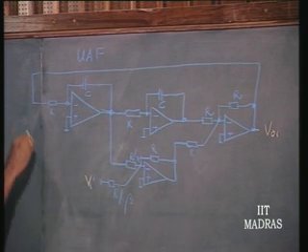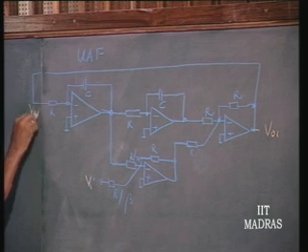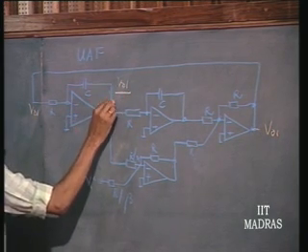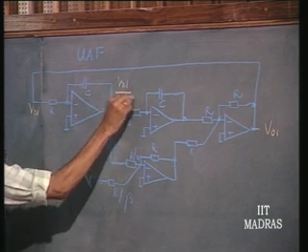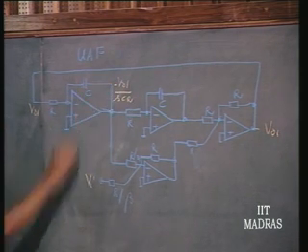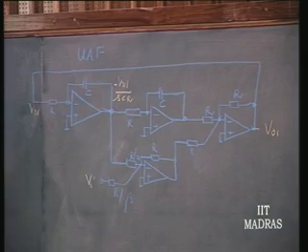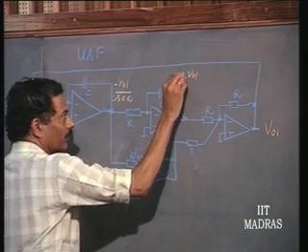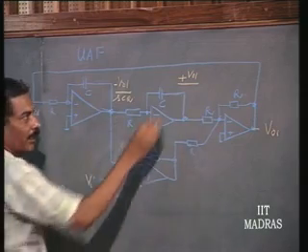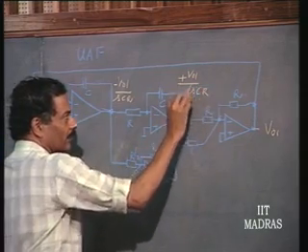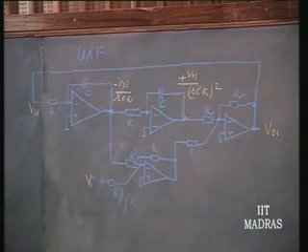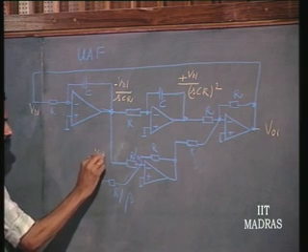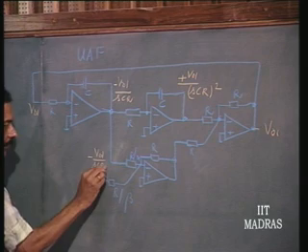This output is V naught 1 divided by SCR, with a negative sign, and this output is minus V naught, which becomes plus V naught 1 by SCR square, and here we have minus V naught 1 by SCR and Vi.